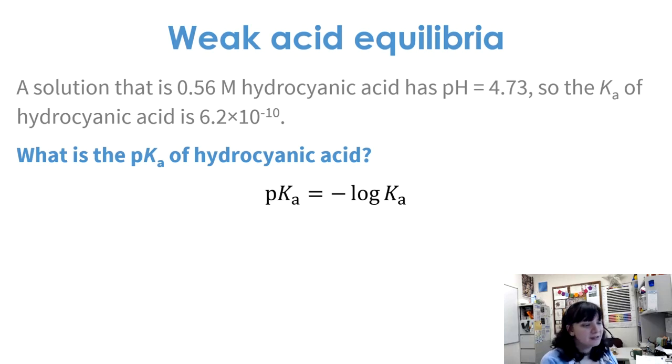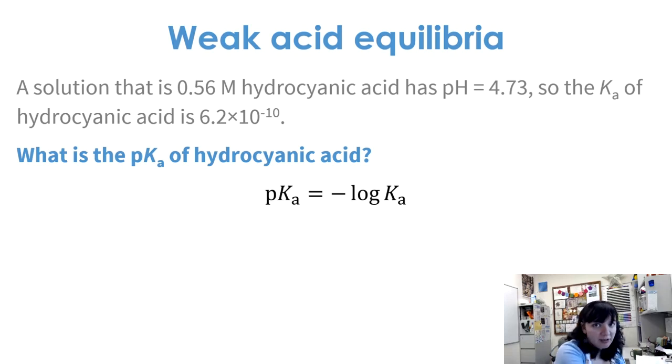And so I could calculate this as 9.21 as the pKa for the same acid. 9.21 is a lot easier to write out. It's a lot easier to do calculations with than the scientific notation version of Ka. And so pKa is just another way that we represent basically the same information. It just tells us the minus log of the acid dissociation constant.